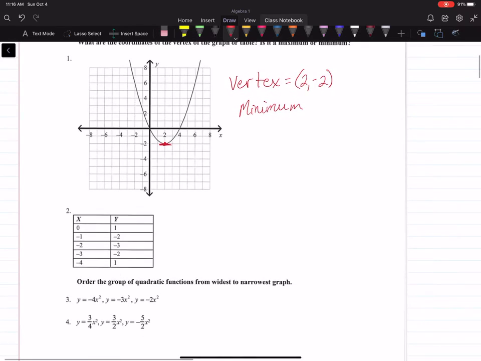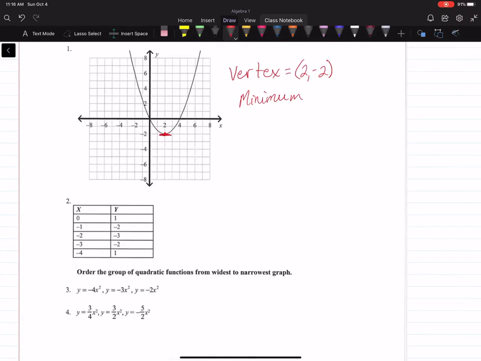Number 2, same type of question, just they give it to us as a table. So we're looking for the point where it changes direction. As you can see, it goes from 1 to -2, that's going down. -2 to -3 is going down. -3 to -2 is going up. -2 to 1 is going up. So this point right here in the middle would be my vertex, because that was where the change happened.